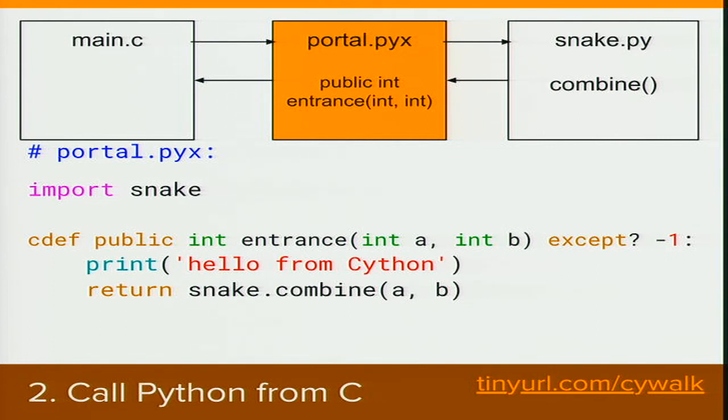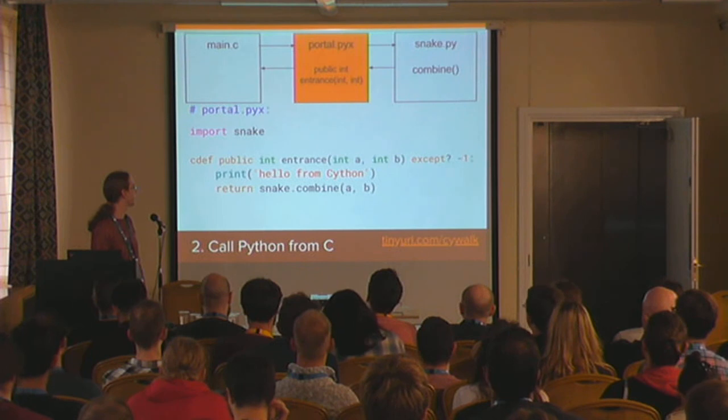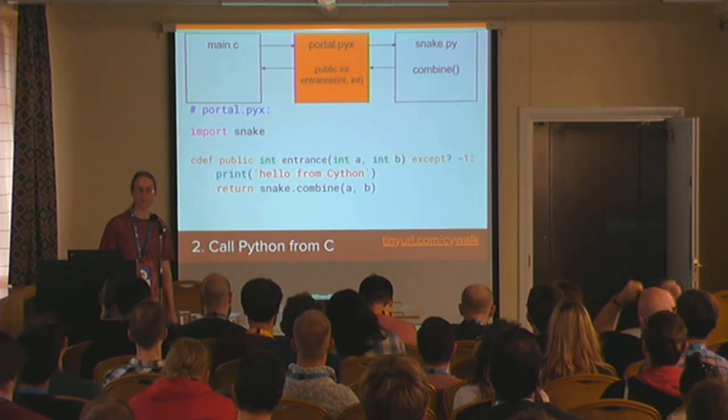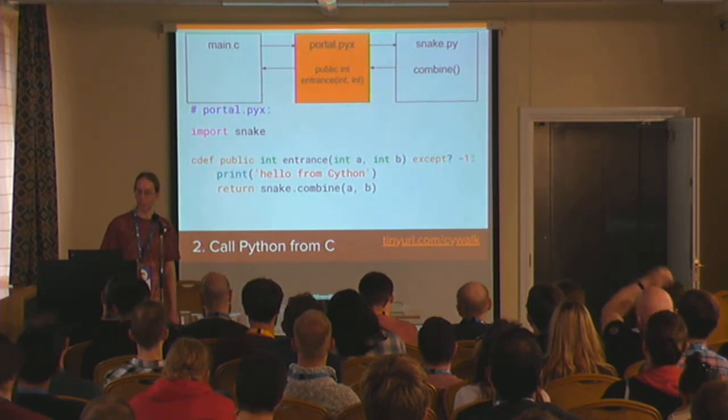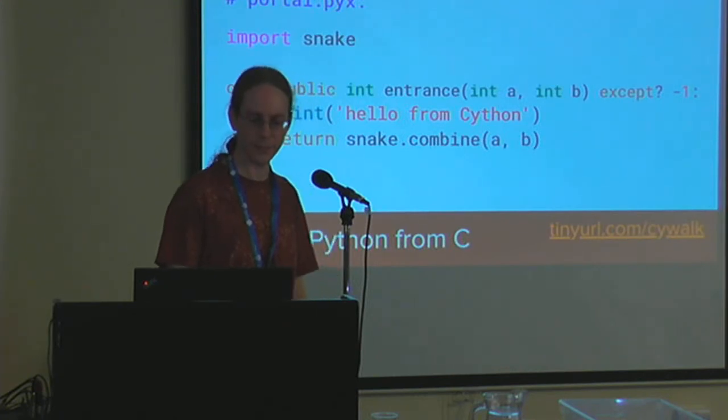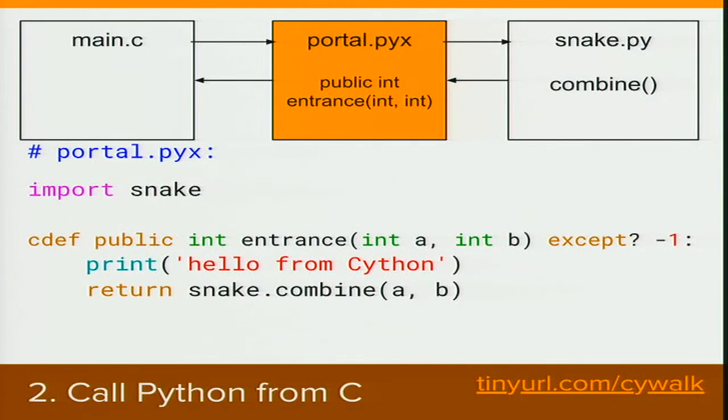And then finally, the except -1 at the end of that function header tells Cython that if anywhere in the body of the method a Python exception is raised and not caught, it will immediately exit with the value of -1. So again, in C, no exceptions. You have to check the return value of everything as you go along.